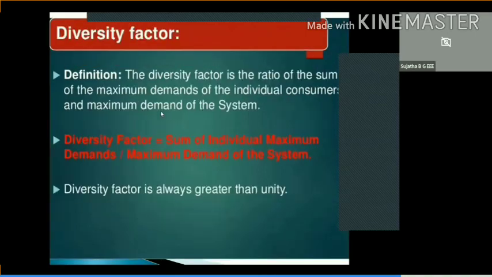Then we have diversity factor. What is diversity factor? It is the ratio of the sum of the maximum demands of the individual consumers and the maximum demand of the system. To understand this, I have taken one diagram here.